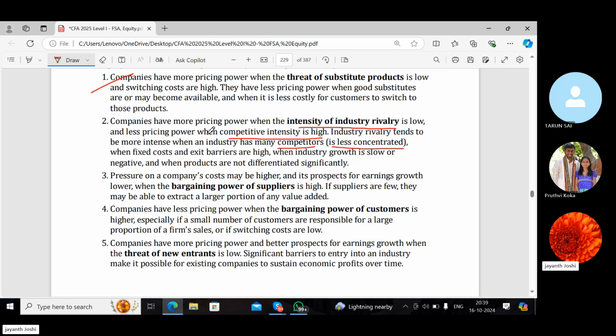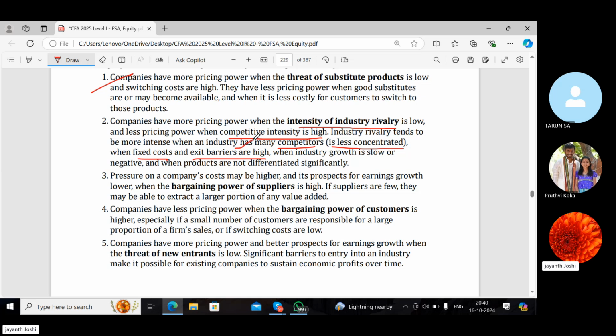And what happens when fixed costs and exit barriers are high? That is also a big problem. First of all, more entrants mean bigger rivalry and more intense competition, but the fixed costs would be high and the exit barriers are high. What are exit barriers?